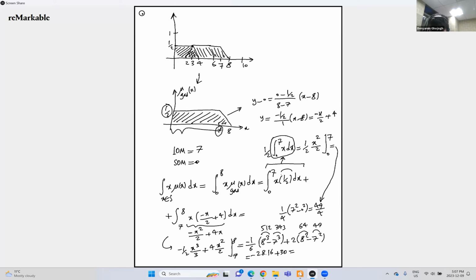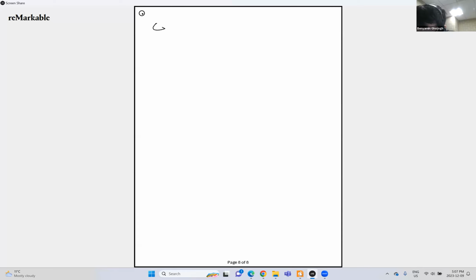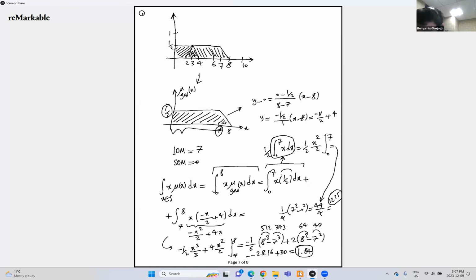So in other words, 30 minus 28.16. Yes, so what about this one? 12.25. Okay, now I need to add them together, right? For the centroid method.